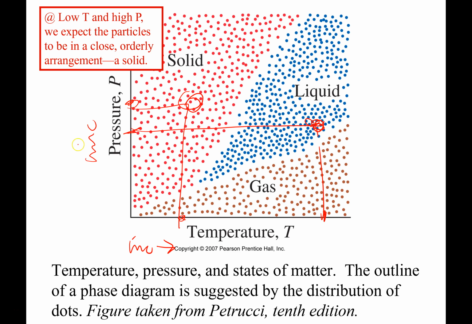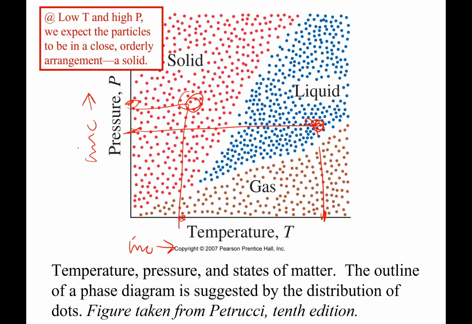So here's the deal. If we take something with a pretty darn low temperature and a high pressure, pressures are great at squishing matter together, so they form those bonds that make them a solid. It's going to be solid. So this makes sense.